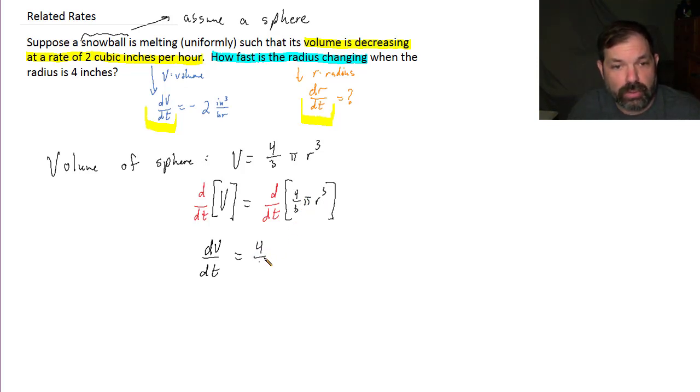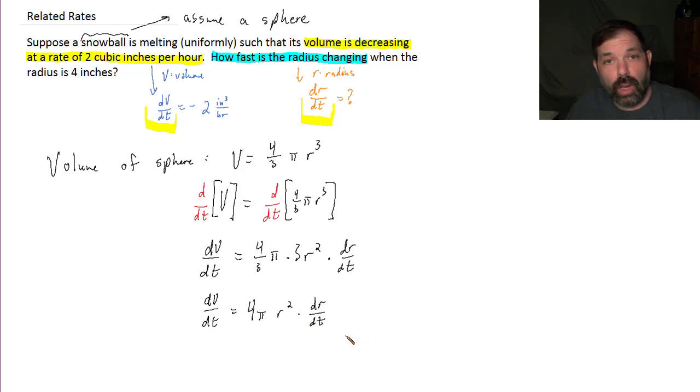Then d/dt of r cubed would be 3r squared times dr/dt from the chain rule. Now if we simplify this a little bit, the 3's reduce. So dV/dt, the change in volume with respect to time, is equal to 4 pi r squared times dr/dt.